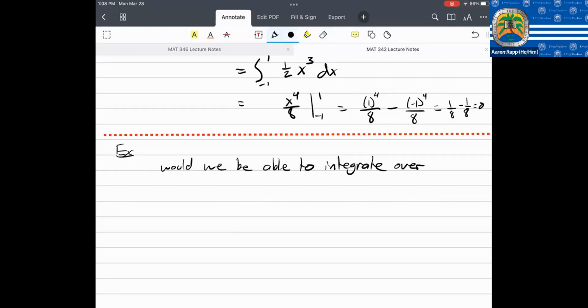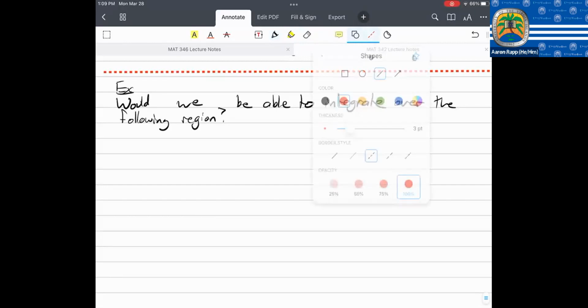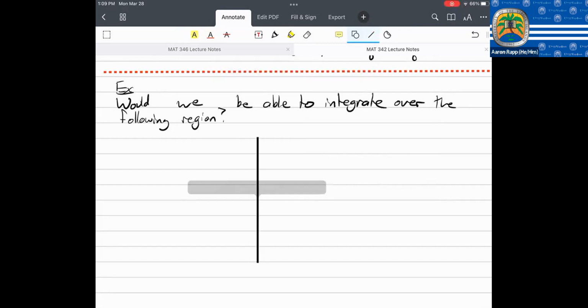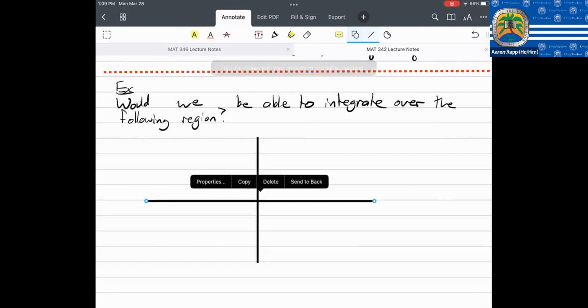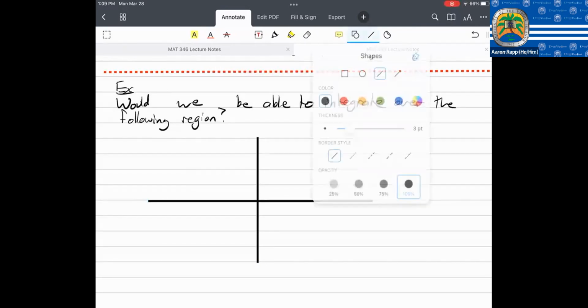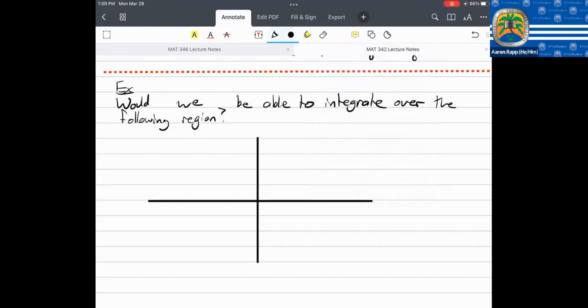We'll be able to integrate over the following region. We're going to have a nice little plot, and I guess I would draw it.